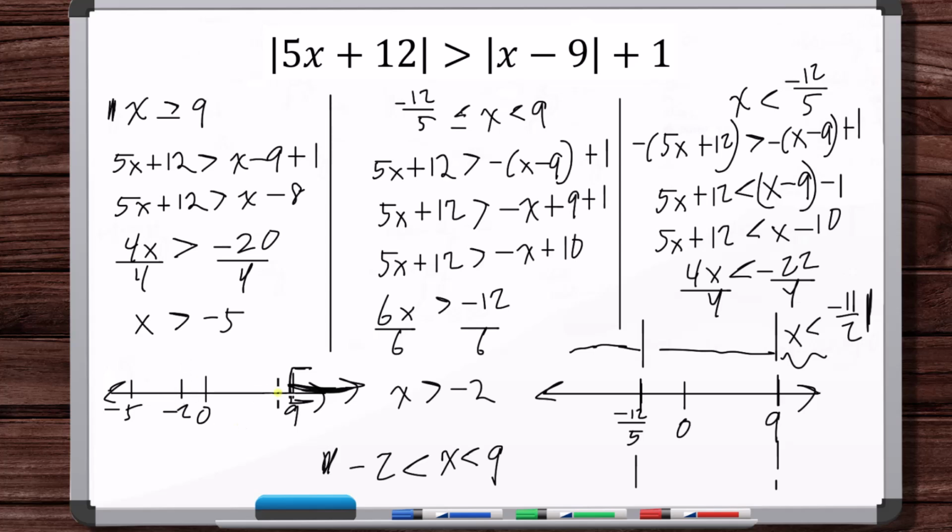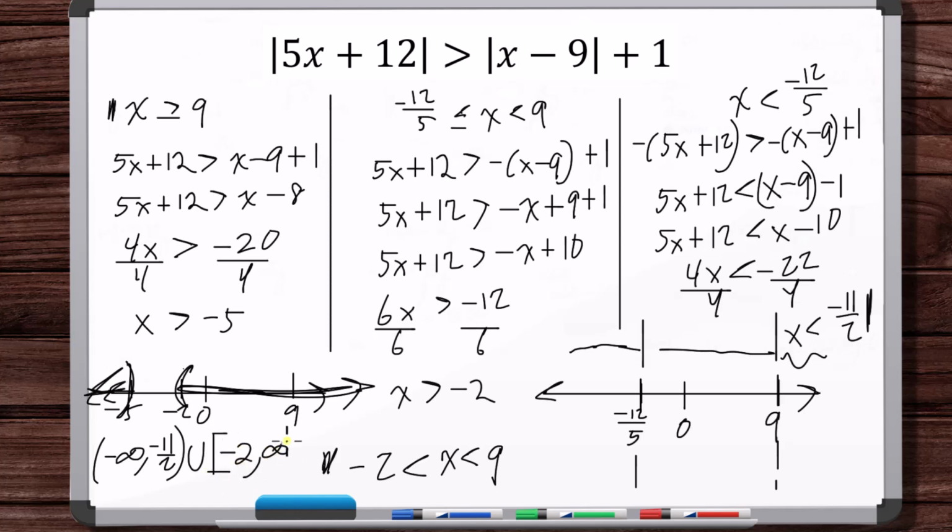So we've got, in that case, and then x is less than minus 11 halves. So there's a lot of numbers or solutions here. We've got an interval notation minus infinity to minus 11 halves, not including minus 11 halves, in union with minus 2, including minus 2, to infinity. That's the solution set.